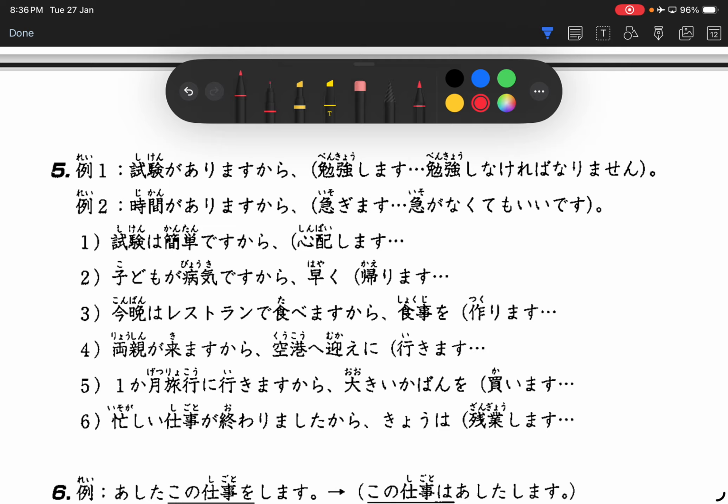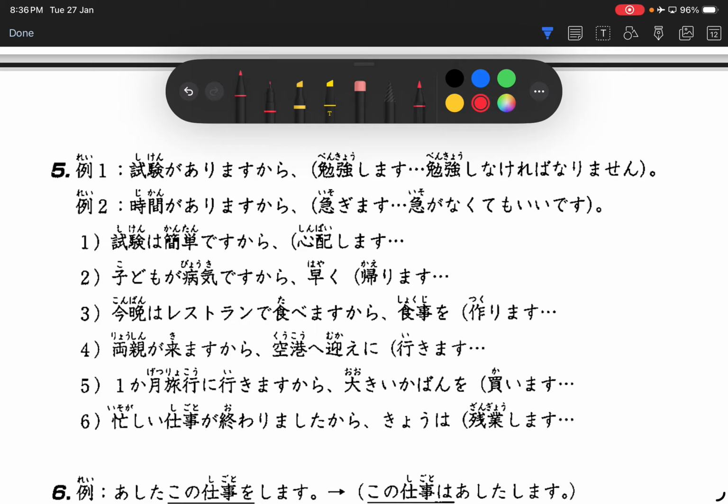Should be nai form, right? What is the nai form of 帰ります? Group 1. 帰らない。So 帰らな. Yes, we use negative, we don't use the te form. So 帰らなければなりません。Right? Because the child is sick, so I must go home.